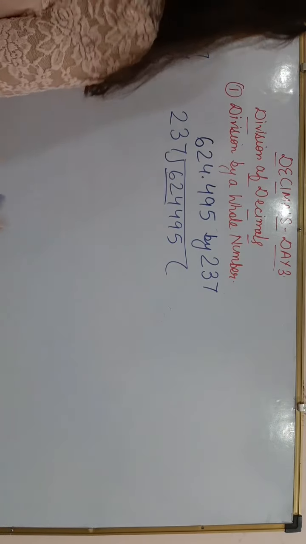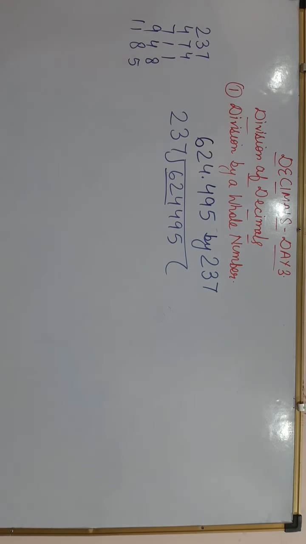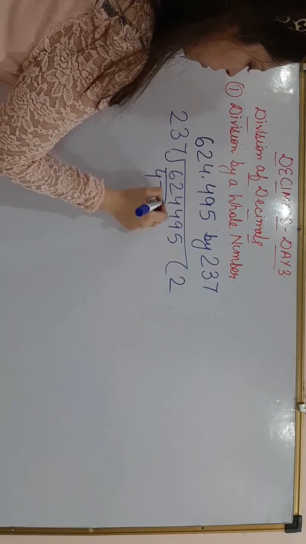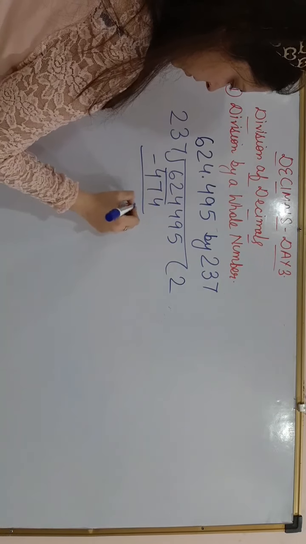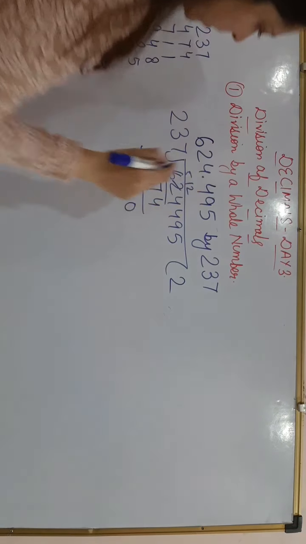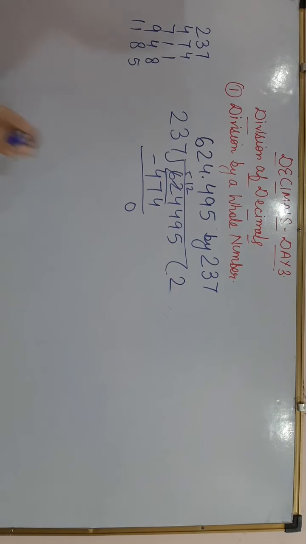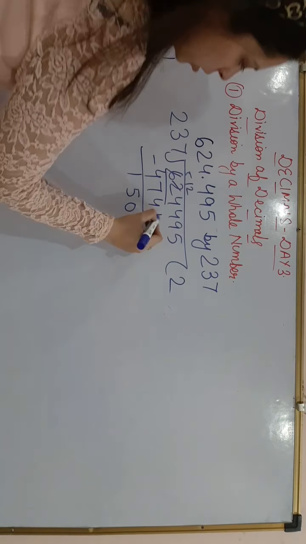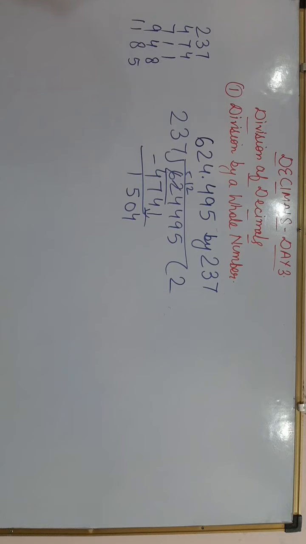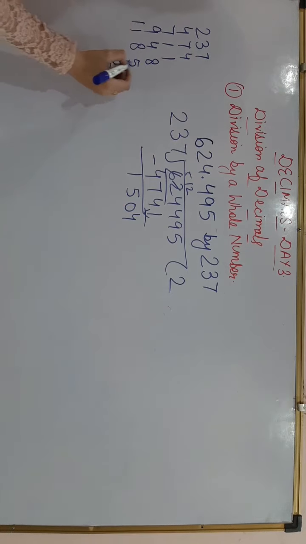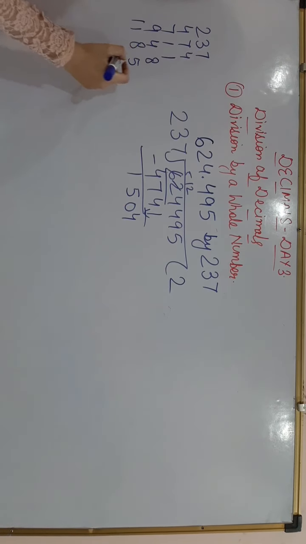Take 3 digits. So it will go on 2. 7, 4. So 12 minus 7 is 5 and 5 minus 4 is 1. Now drop down 4. So 1504. Let's write more of the table.